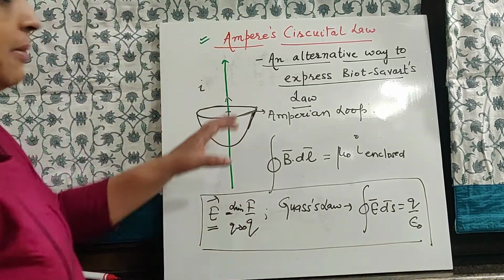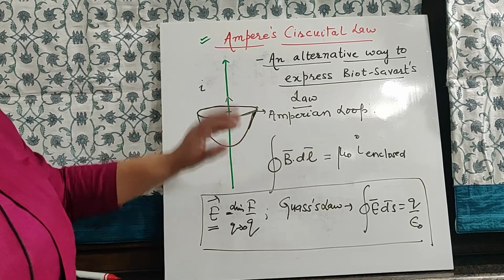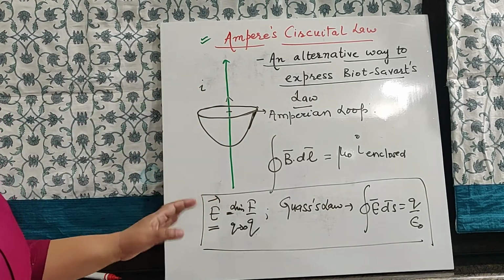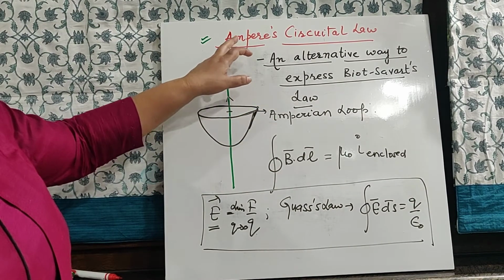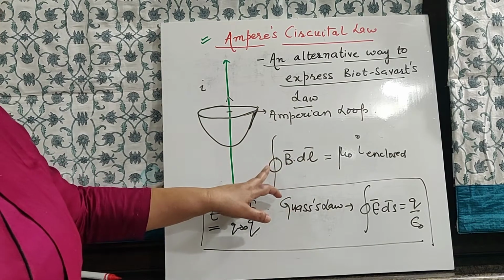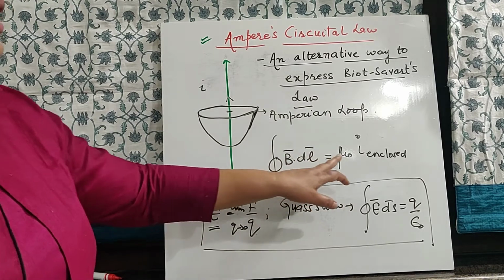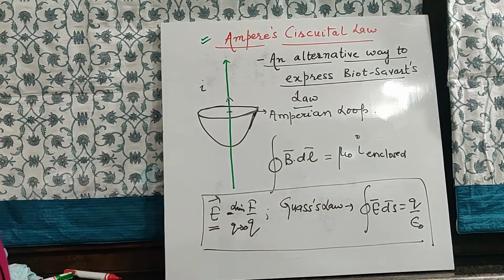Now in the current chapter we have to find out the value of the magnetic field at any given point due to a given system of conductors. And for this we will be using Ampere's circuital law, whose statement I have already given: the closed line integral of the magnetic field over a given Amperian loop is mu naught times the current enclosed by the loop.